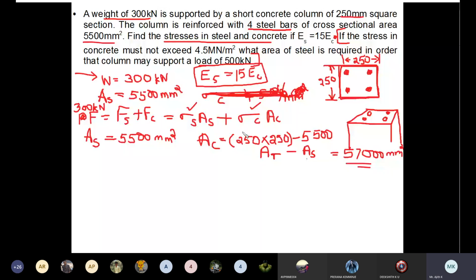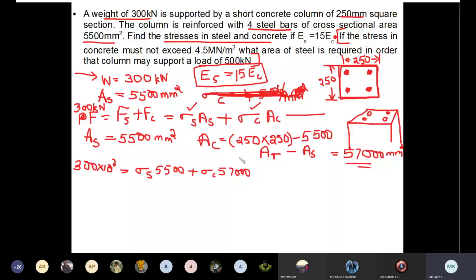Now substitute in this equation: 300 kilonewton, that is total load W or F, is equal to sigma S, which is unknown, we'll keep it as it is, into area of steel 5,500, plus sigma C, which you have to find out, into area of concrete 57,000.